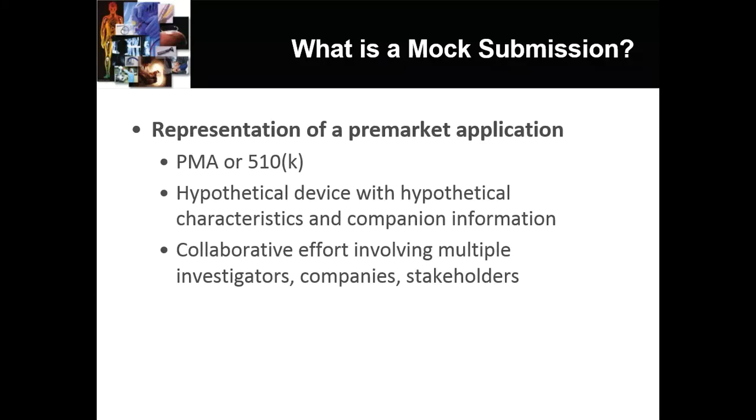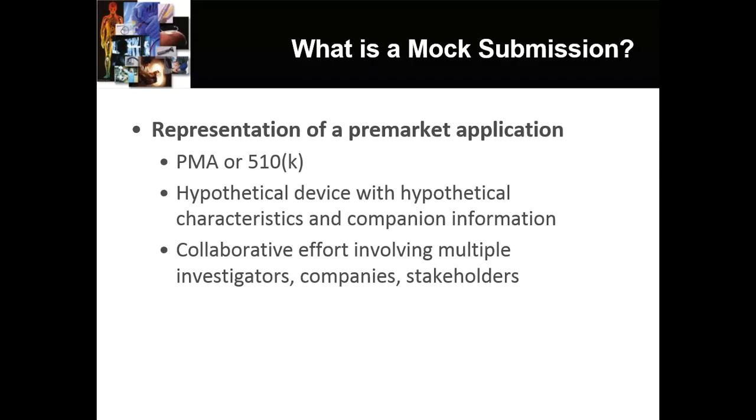And by mock, we mean that it's most likely going to be a hypothetical device, something that would be a construct with hypothetical characteristics, hypothetical perhaps companion information, where that information and those characteristics are meant to probe the intricacies of our regulatory process and might be contributed by a collaborative effort, a group of folks who are looking together to gather information that would be relevant to the kinds of things that they're thinking about.